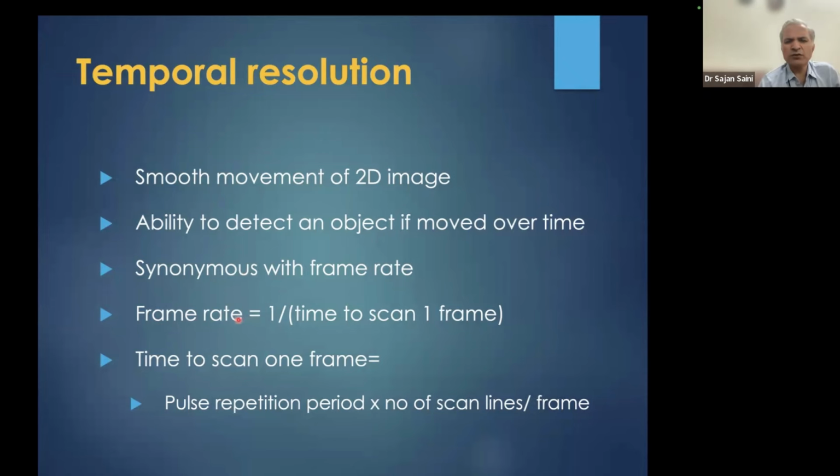So they are almost synonymous, not exactly the same. The time to scan one frame is the pulse repetition period times the number of scan lines per frame. Okay. So the higher the frame rate and the pulse repetition frequency, the better the temporal resolution.